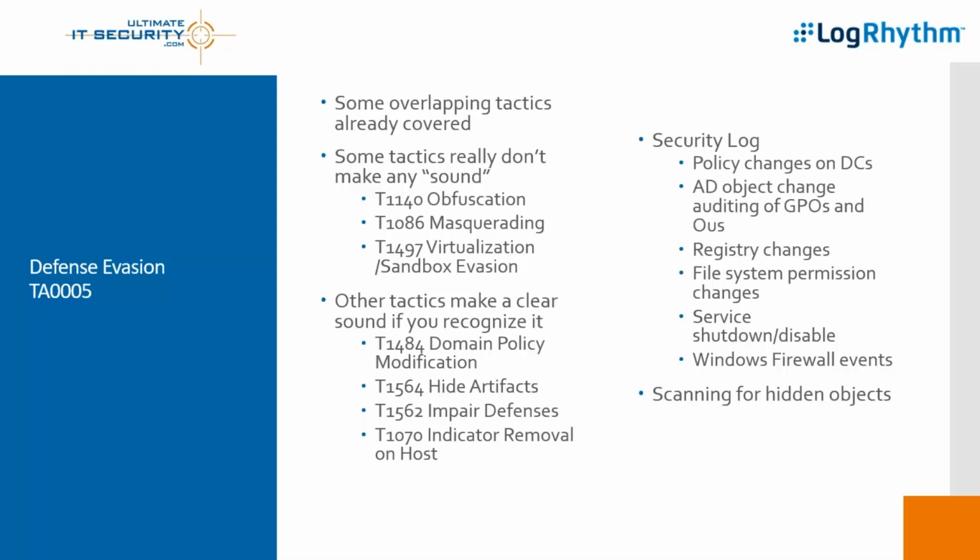So the obvious question is, are we monitoring changes to our domain policy? Those domain policies should be pretty static, and that should therefore be a very clear signal that we could pick up on if we're listening.